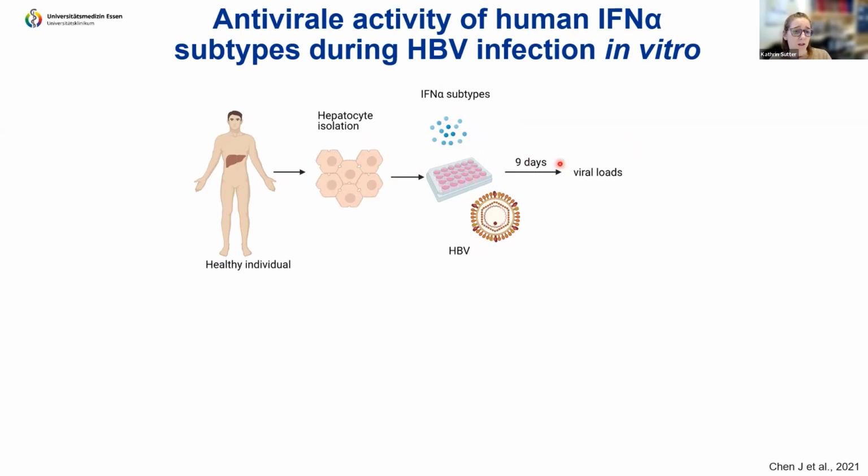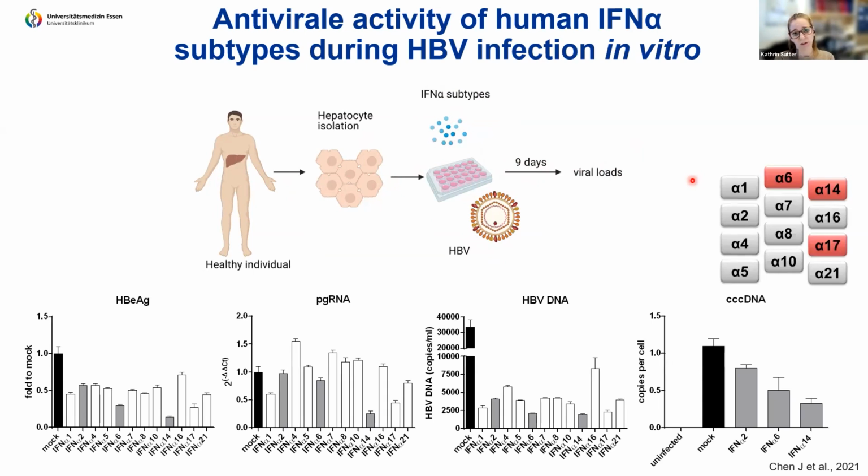So then we keep that for 9 days, and then we analyzed it. And this is what you see again. Alpha 2 is shown here, is the one which is clinically used, and similar to HIV, you see 50% reduction. But again, you see that others like 6 or 14, also 17, are much stronger.